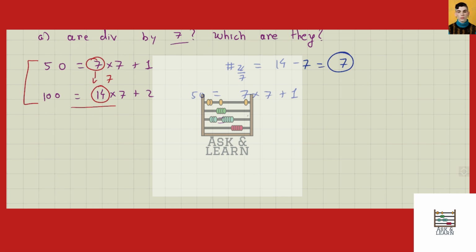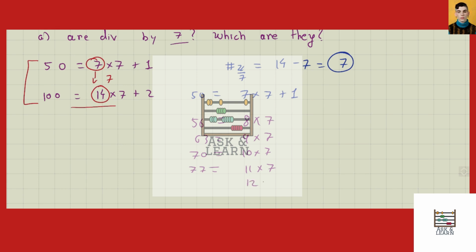Well, let's start with 8 times 7, that is equal to 56. Then we have 9 times 7, this is equal to 63. Then we have 10 times 7, and this is equal to 70. Then we have 11 times 7, this is equal to 77.